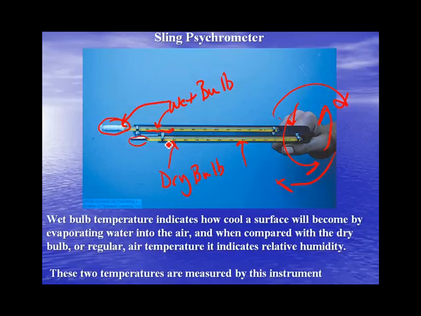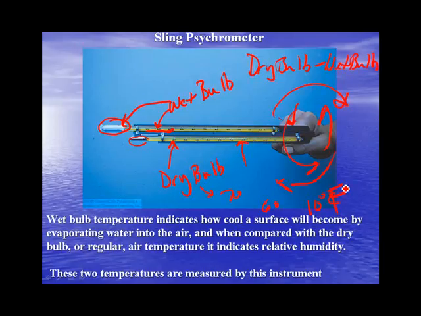And then once it drops to that point, we look at something called the depression, or the difference between the dry bulb and the wet bulb. We subtract those. So let's say, for instance, the dry bulb temperature reads 70 and the wet bulb reads 60. That means we have a depression, a difference of 10 degrees Celsius or Fahrenheit. In this particular case, it would be Fahrenheit.